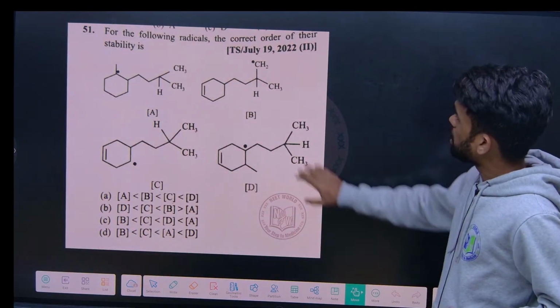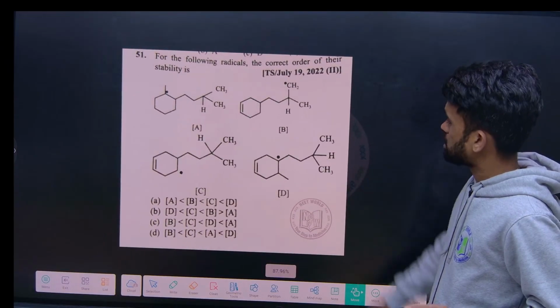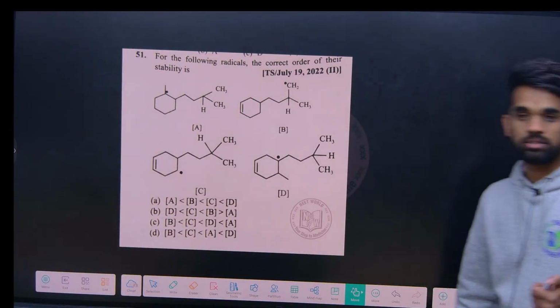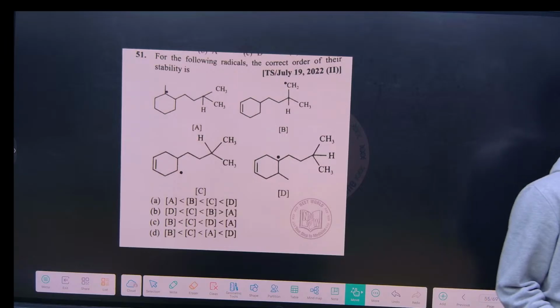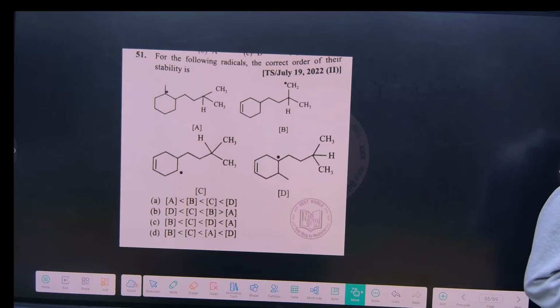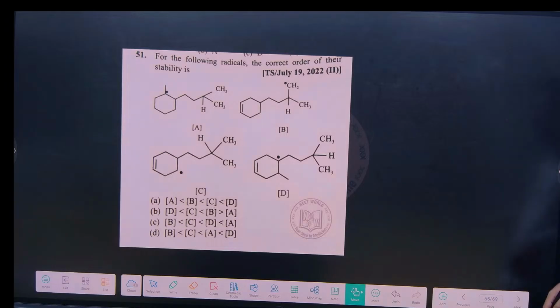The correct order of stability of the given 4 radicals, which is the more stable radical here? Which is the more stable radical?